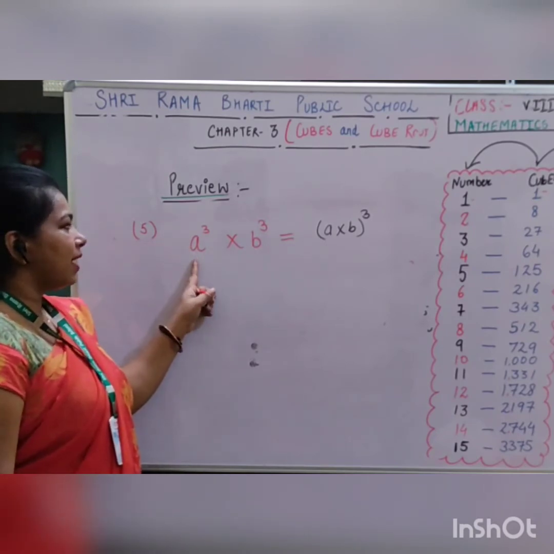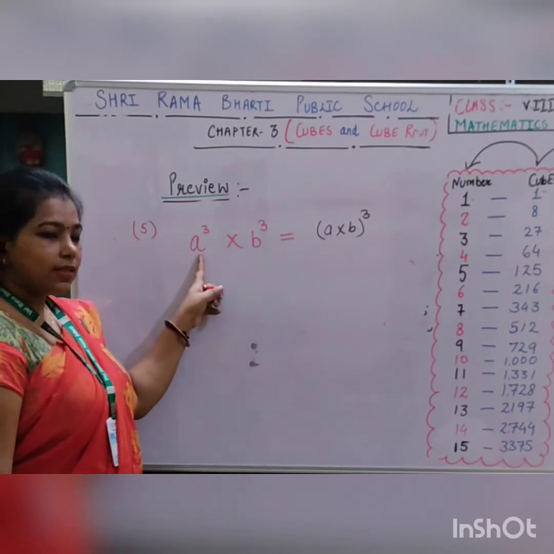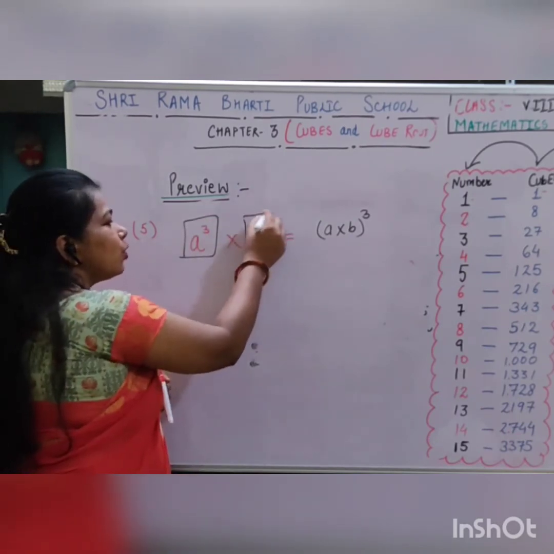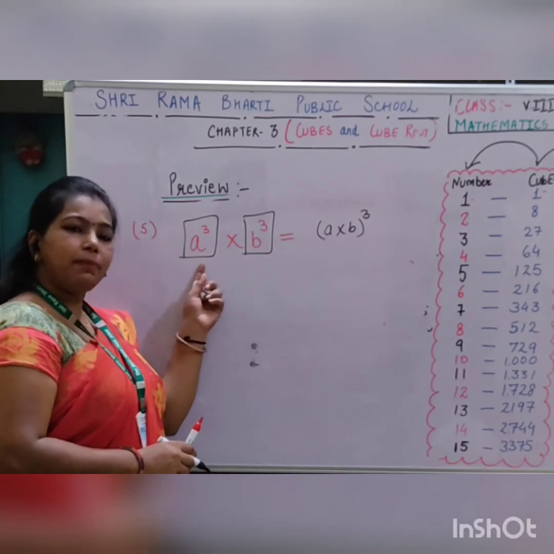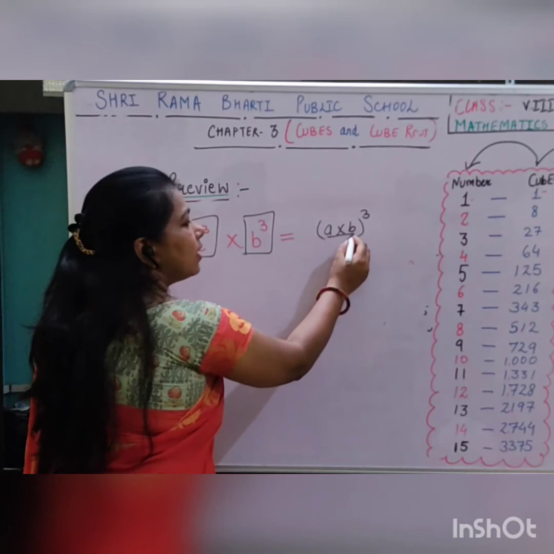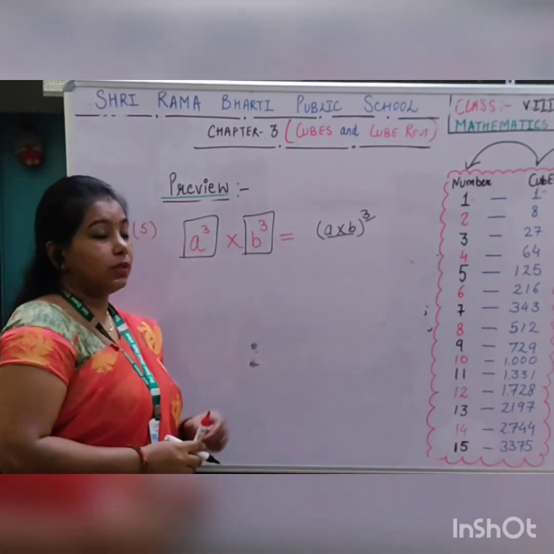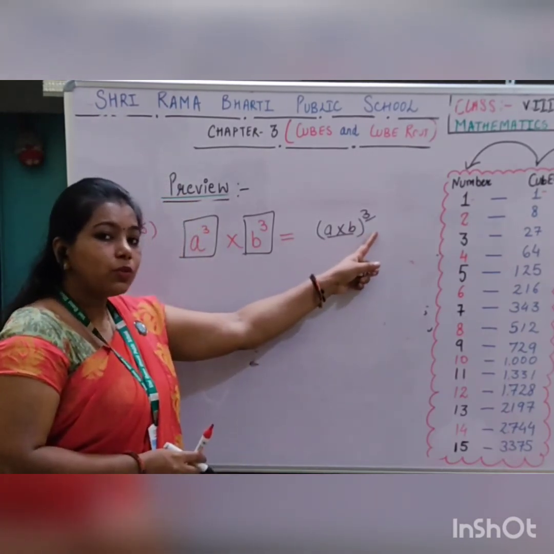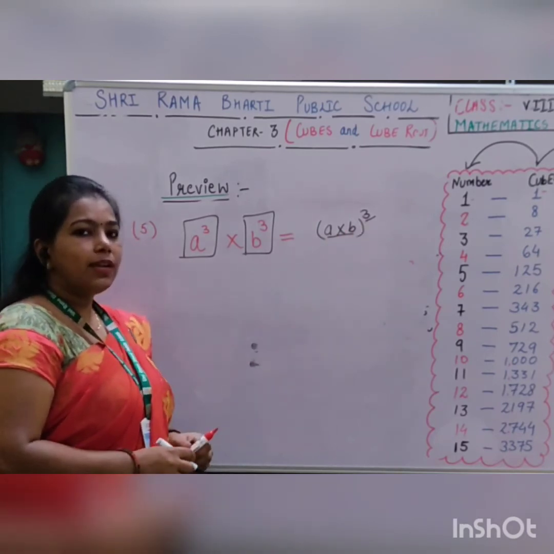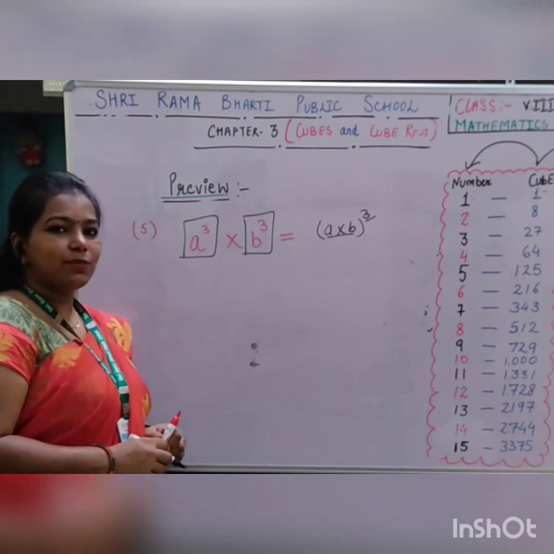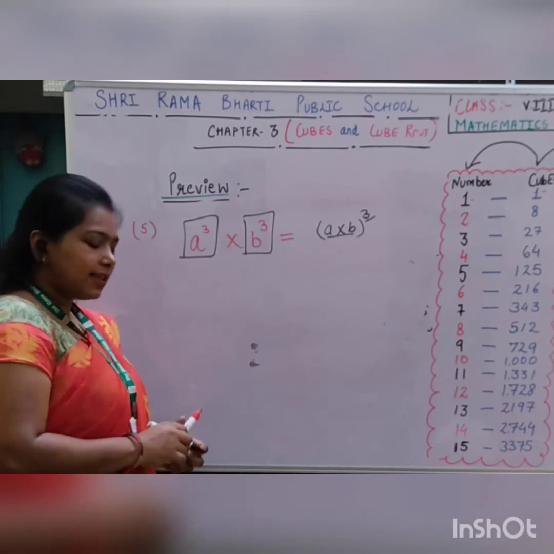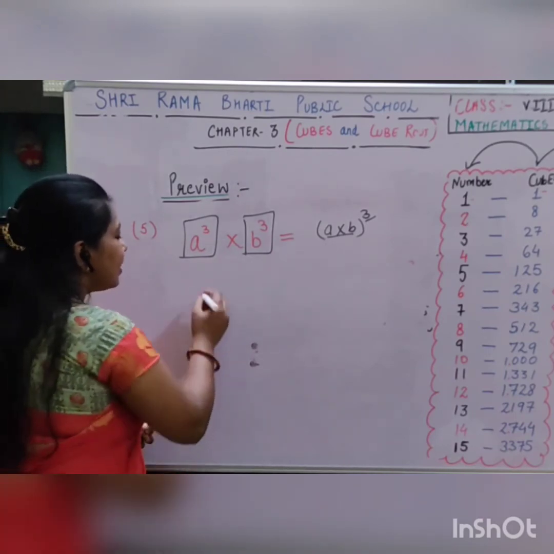If I am multiplying two cubes, it is a cube of one number, it is a cube of another number, and we are multiplying them, so it can be equal to the cube of the product. It will be equal to the cube of the product of those two numbers. Right? We have done the exponents chapter as well, and it is known as the common power rule. The same applies here.